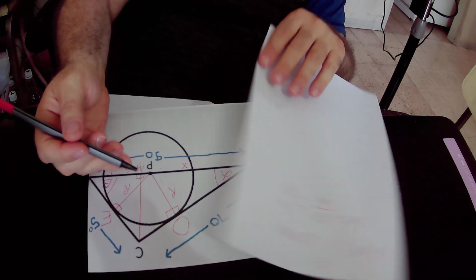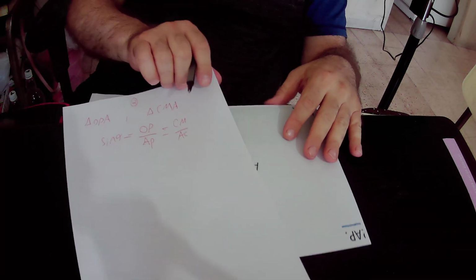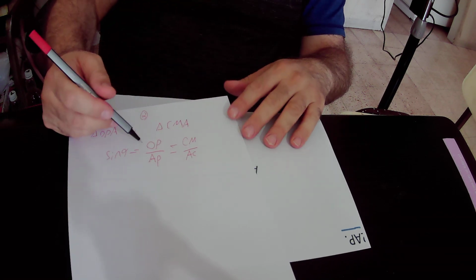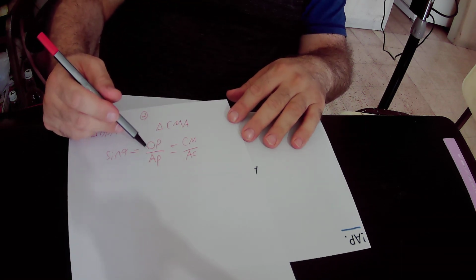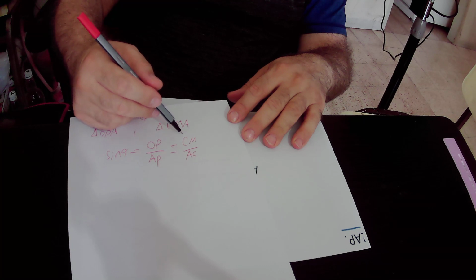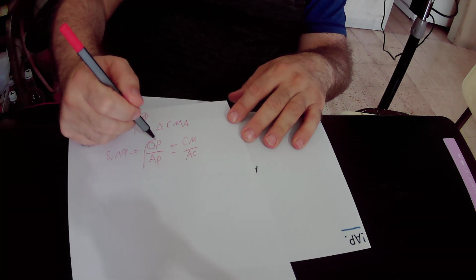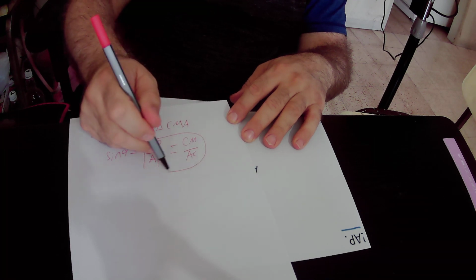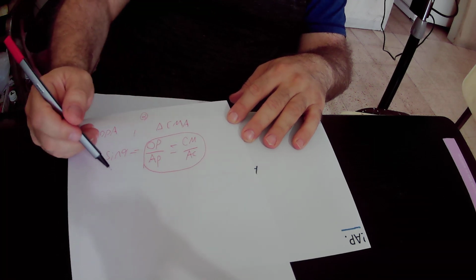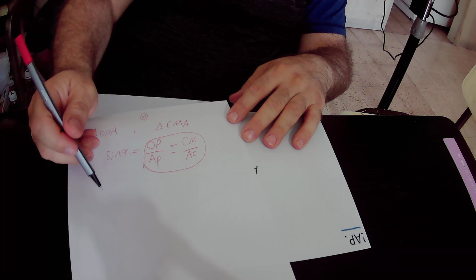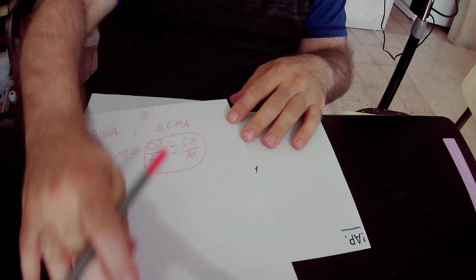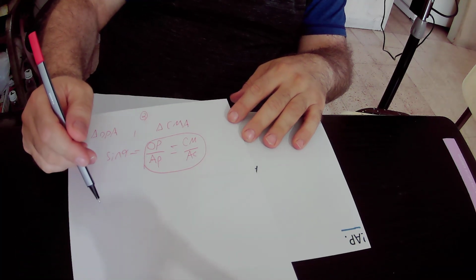Okay, so in total we got that sine alpha equals OP over AP equals CM over AC. We will copy this equality here and call it equation 1.